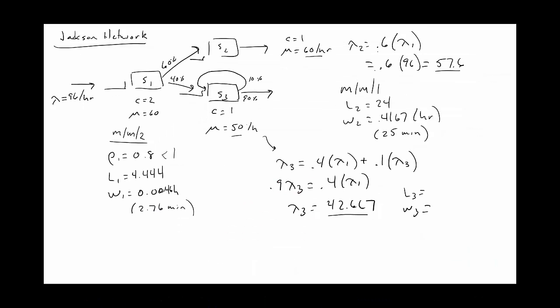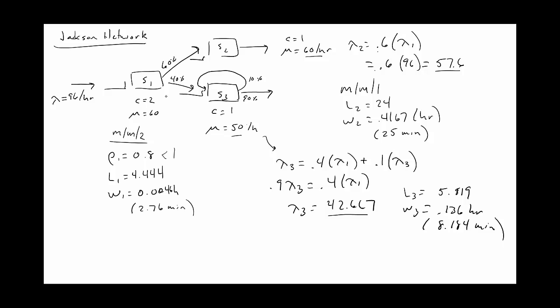So our number in system is 5.819. And W is 0.136 hours, which is approximately 8.184 minutes.